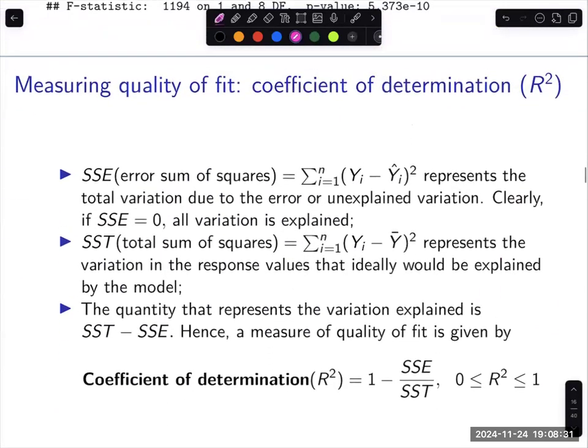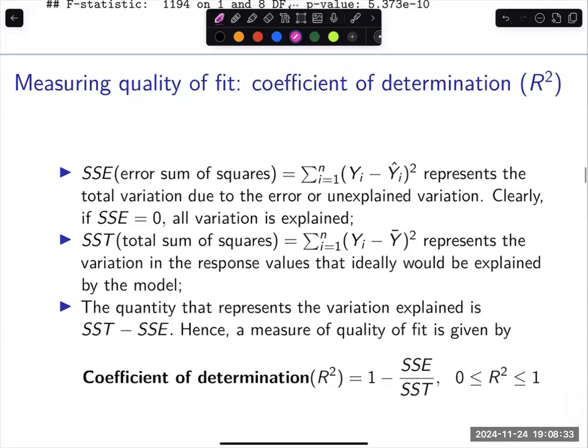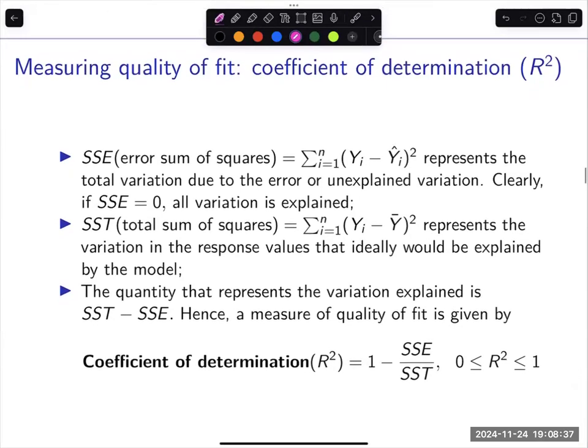So in order to measure the quality of the fit of the model, we introduce the following concept, called the coefficient of determination. Before we understand it, we need to revisit the first concept we have previously introduced, which is the sum of squares of error, SSE, defined as yi minus yi hat, squared and summed together.